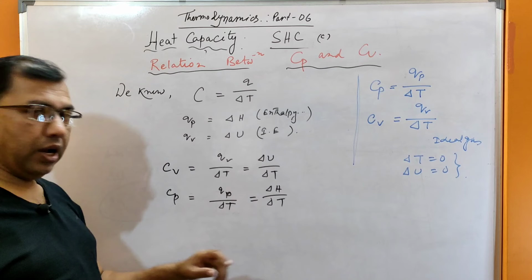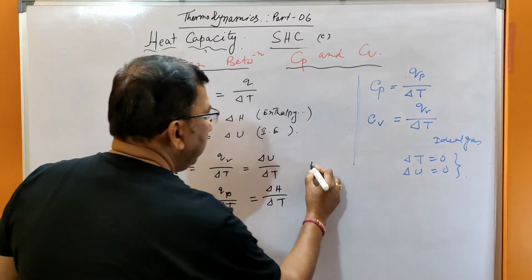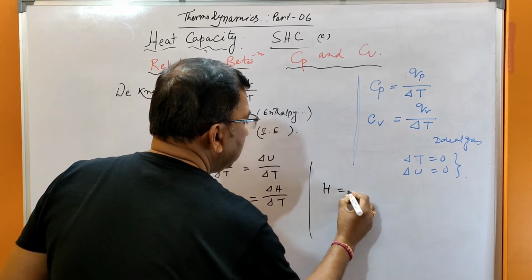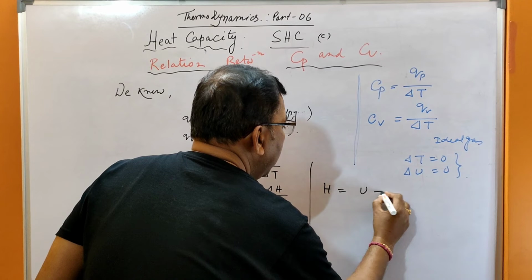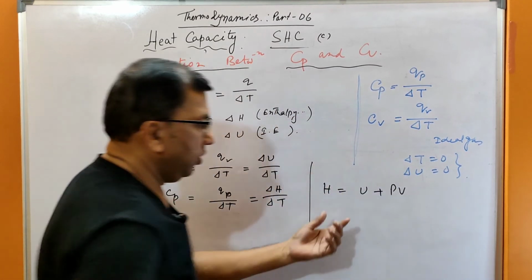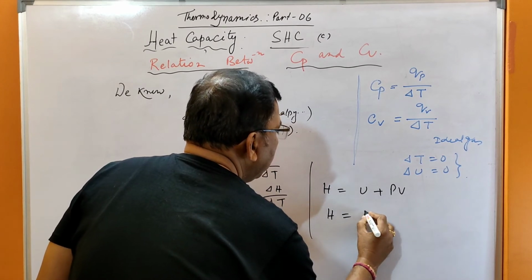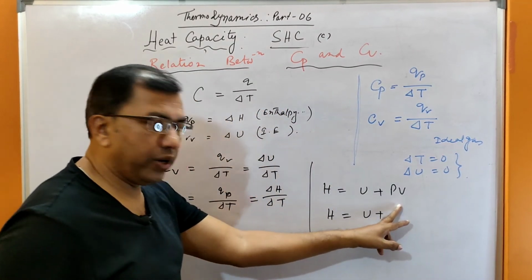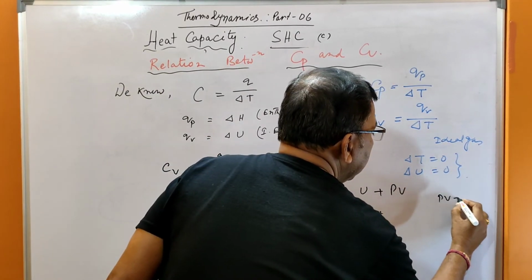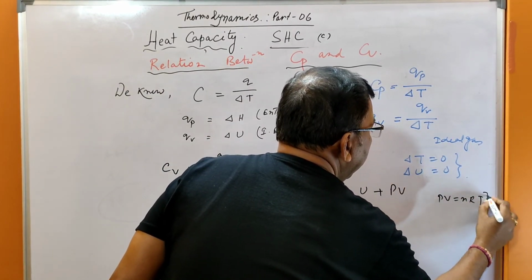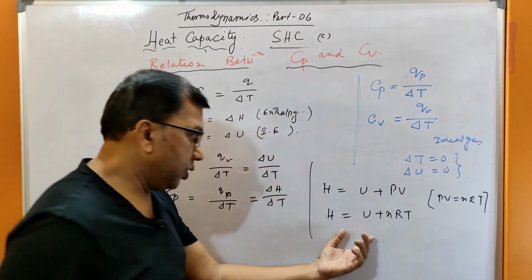What do we know out here? We know enthalpy: H equals U plus PV. And for an ideal gas PV equals nRT, so H equals U plus nRT.